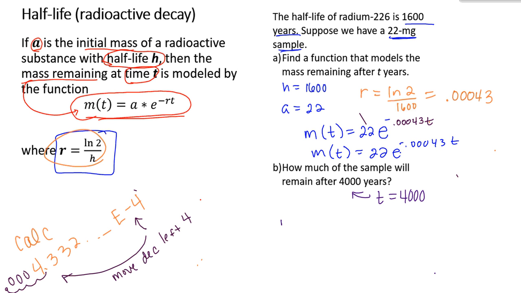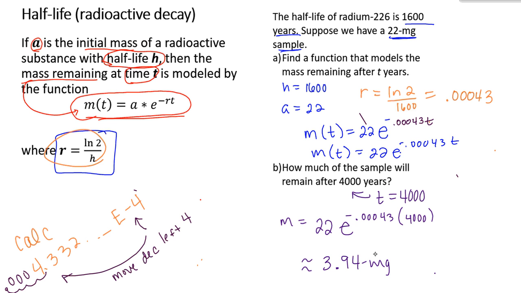So we just have to plug it in. The remaining mass, 22 e to the negative 0.00043 times 4,000, is about 3.94. And then we're talking about mass, and it was given to us in milligrams.